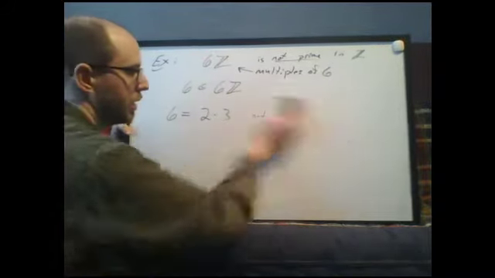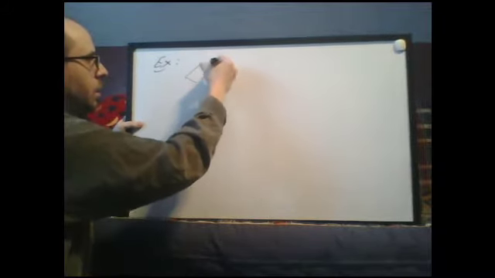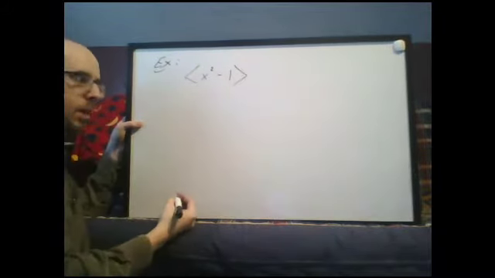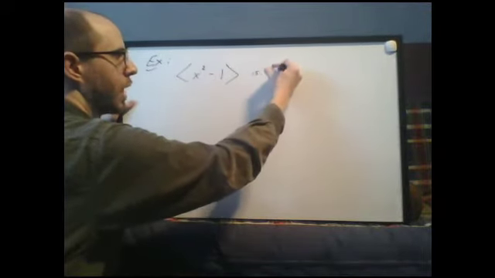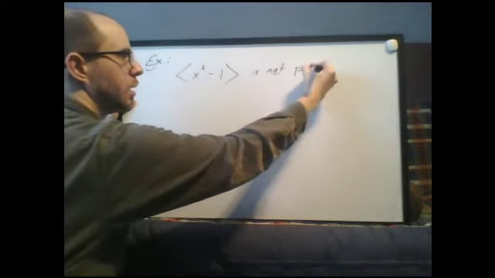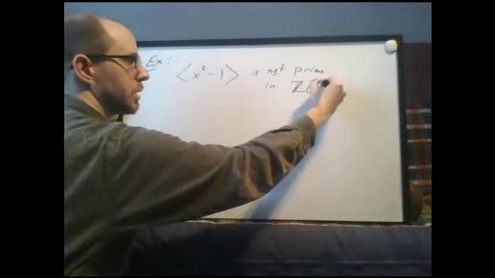All right, let's do a non-integer example. The ideal generated by x squared minus 1 is not a prime ideal in the polynomial ring Z[x].